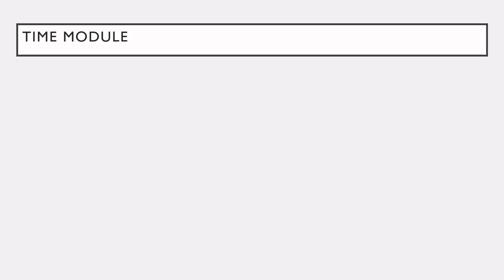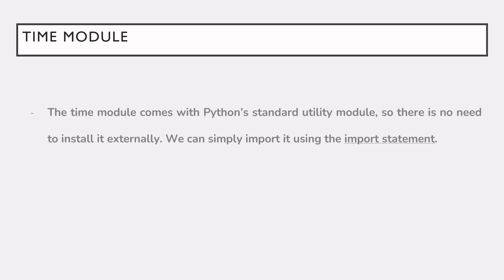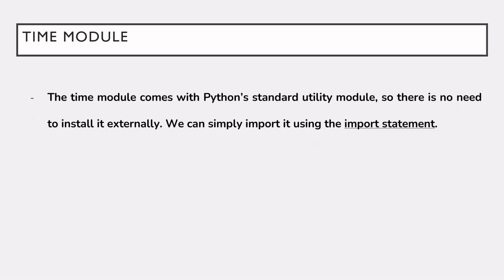Now let's start with the time module. The time module comes with Python's standard utility module, so there is no need to install it externally. We can simply import it by using an import statement.